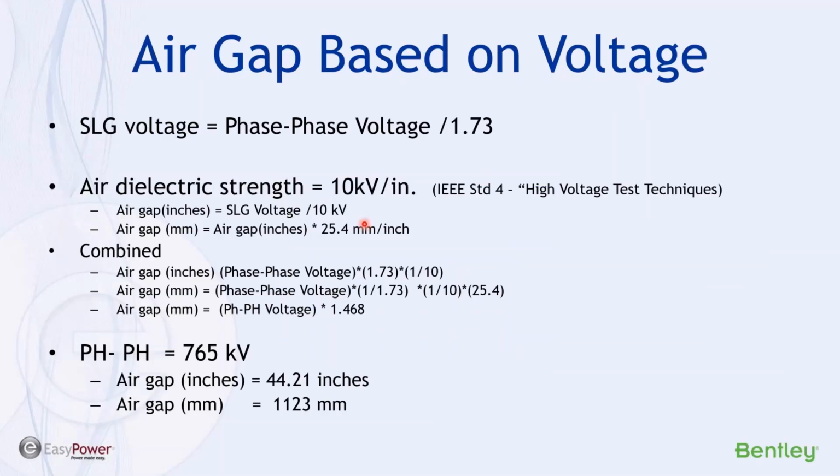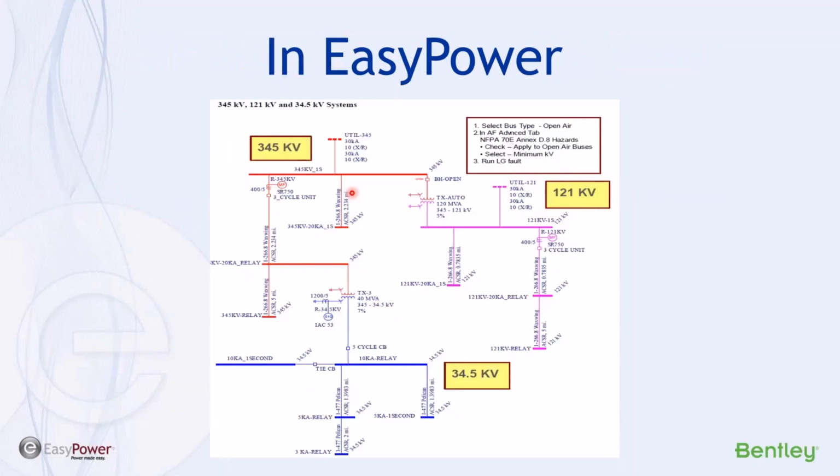So there's one example, and if you want a copy of this, I just have a copy in EasyPower 24.0. We put together a one-line diagram that allows me to apply a single line to ground fault to any one of a number of different buses with both different time elements and different voltage elements.